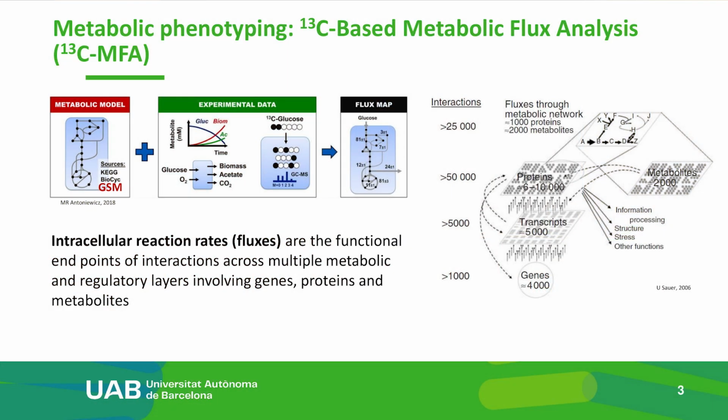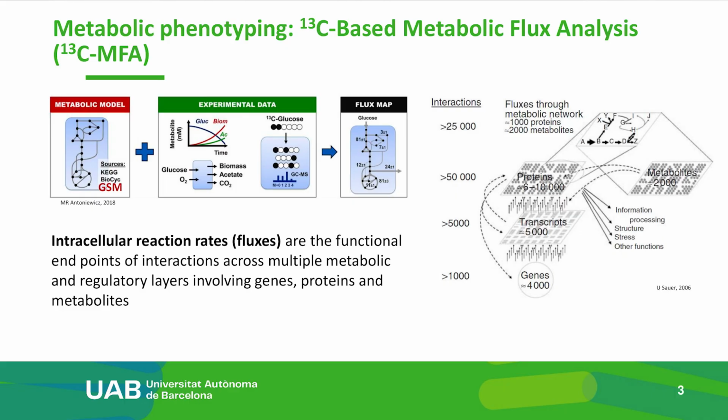But what we were particularly interested in when we started this work was to use these techniques for metabolic phenotyping, meaning to measure in vivo the metabolic reaction rates, the fluxes, what we call metabolic fluxes.